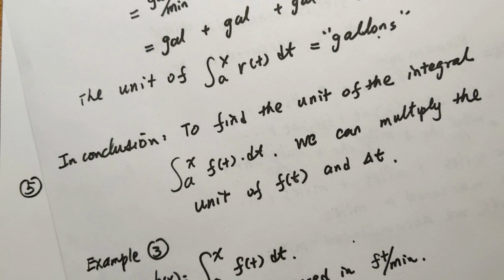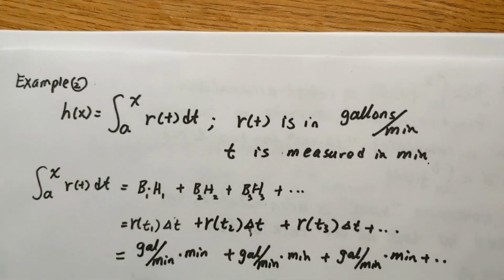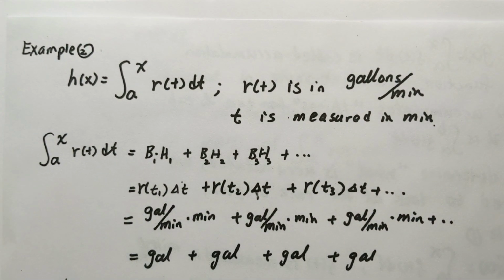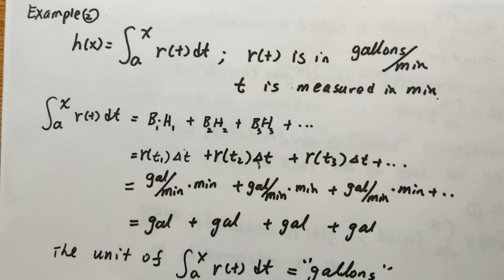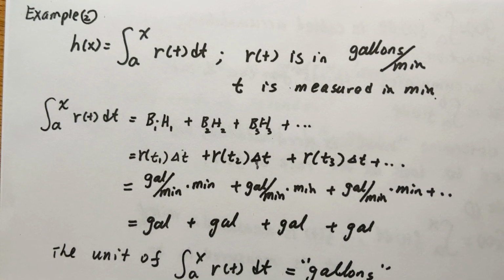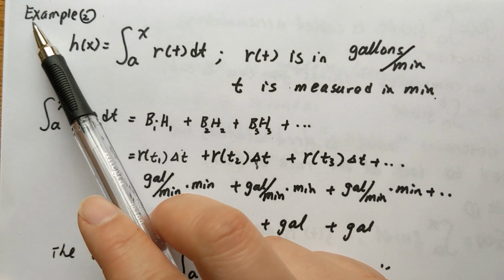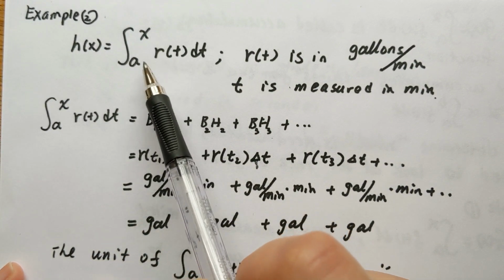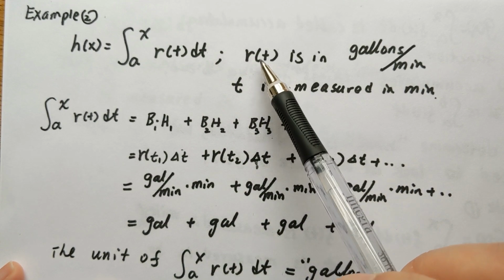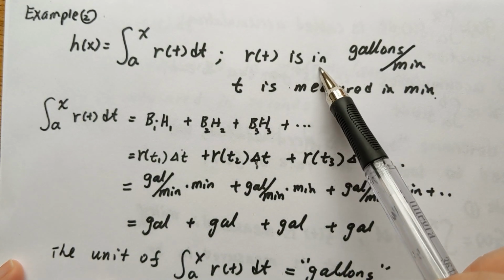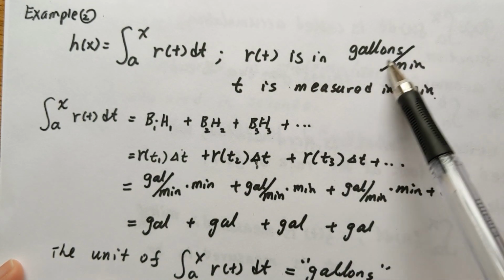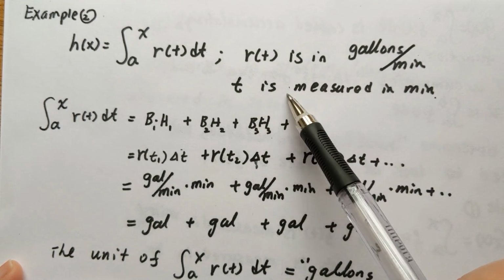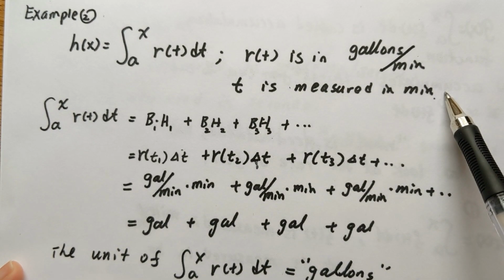Let's take a look at another example. So we have h of x equal to the integral of r of t dt. r of t is in gallons per minute. t is measured in minutes.